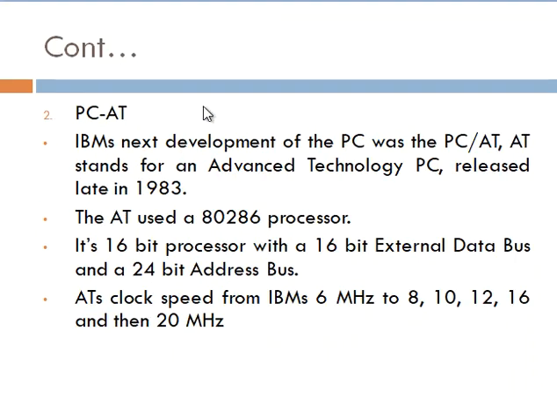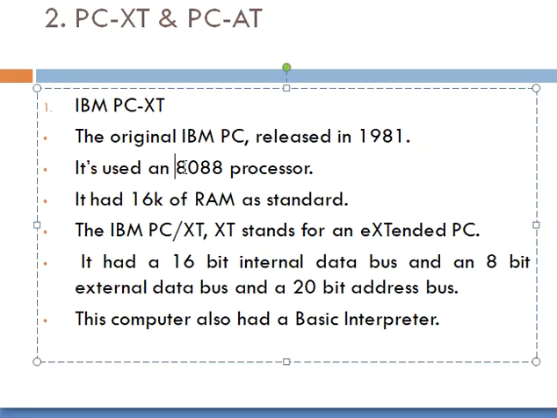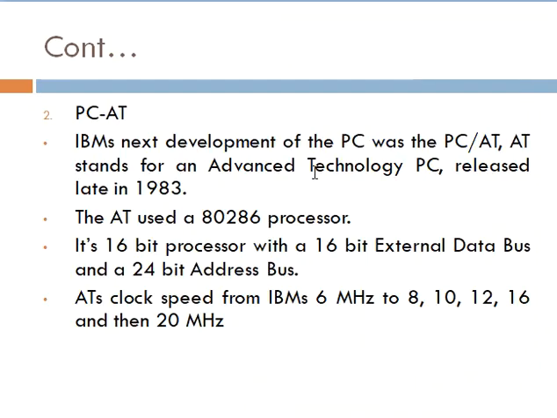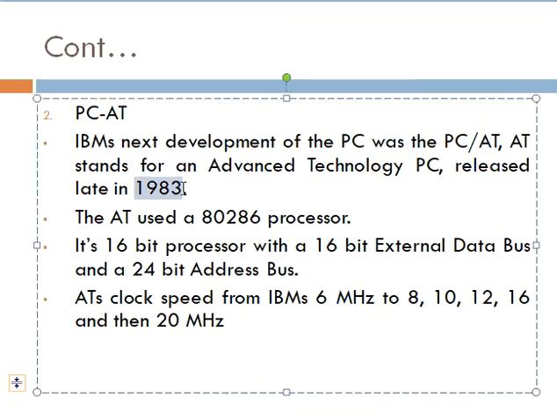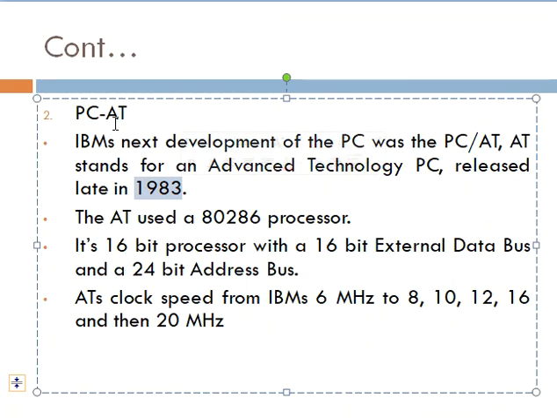Next, PCAT. It is the higher version of the 8088, developed with the 80286 in 1983. PCAT full form is Personal Computer Advanced Technology. Everything is much higher than the PCXT.